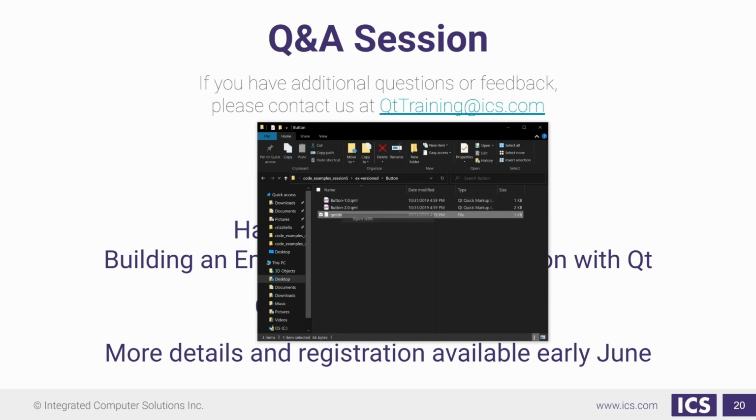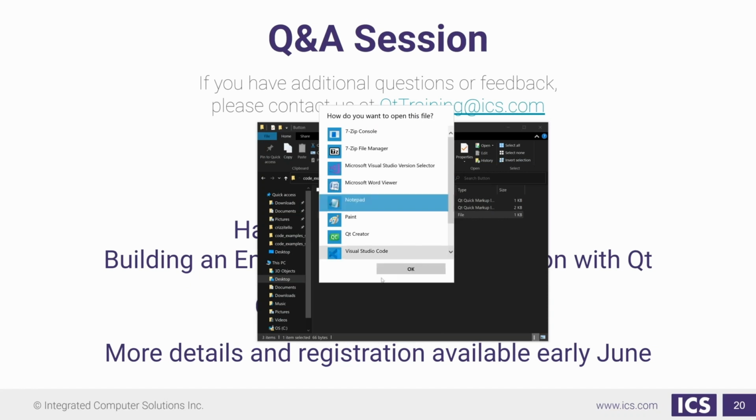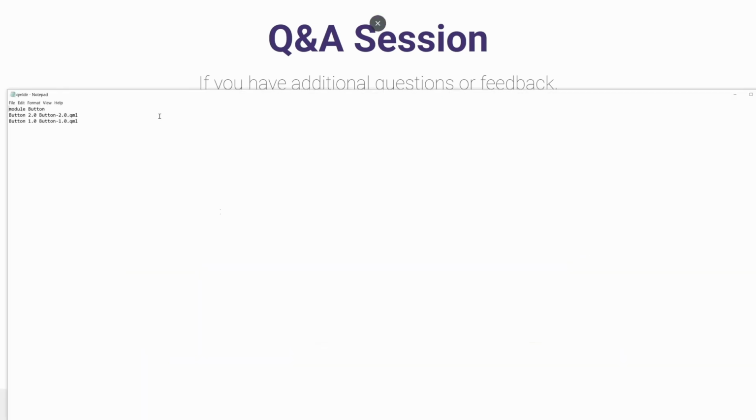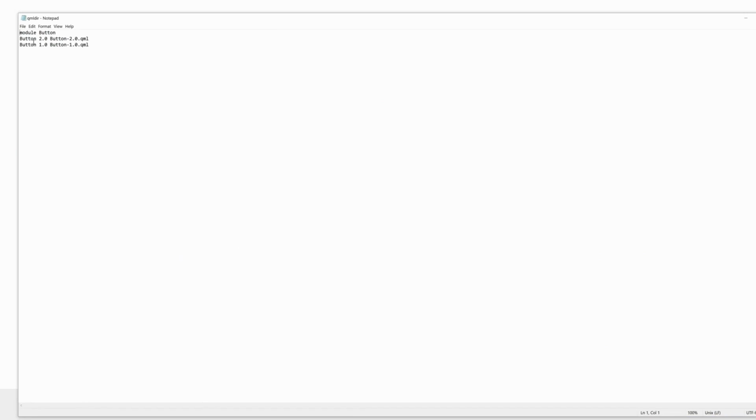And then we create this QML-dir file. This QML-dir file contains only the name of the module, what we're going to call the import. So we have button 2.0, and that's going to refer to button-2.0.qml. Button 1.0, which is going to refer to button-1.0.qml.